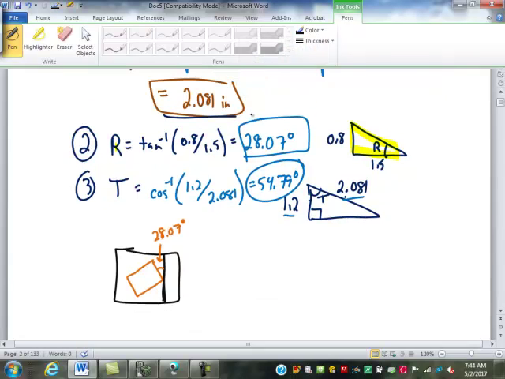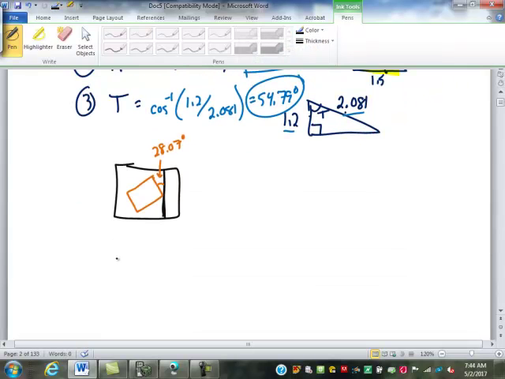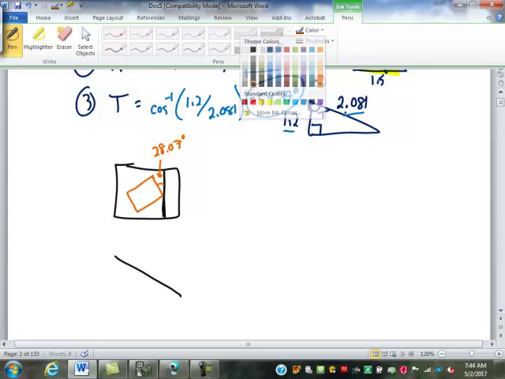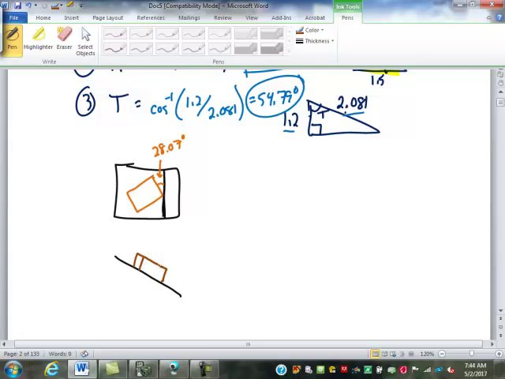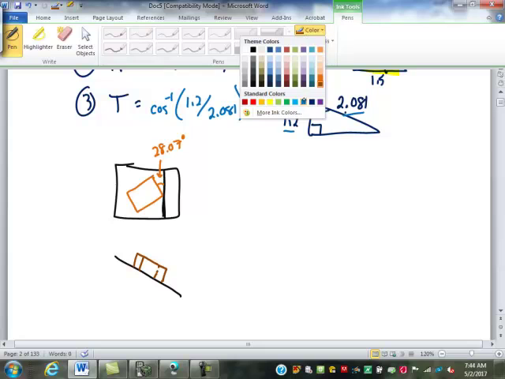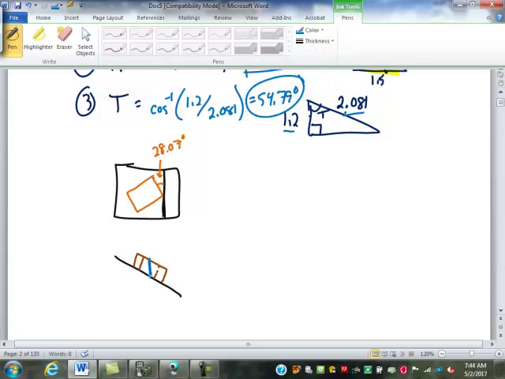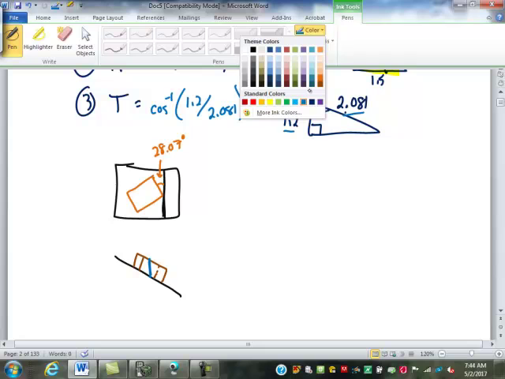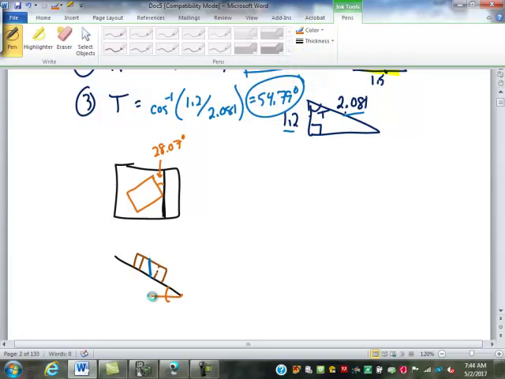Next, if we look at that from the front, we're going to tilt that table so that our block is sitting on there. So now the hole we're boring goes straight up and down. This angle here is that angle of tilt of 54.79 degrees, so that we can get that precise hole on the drill press.